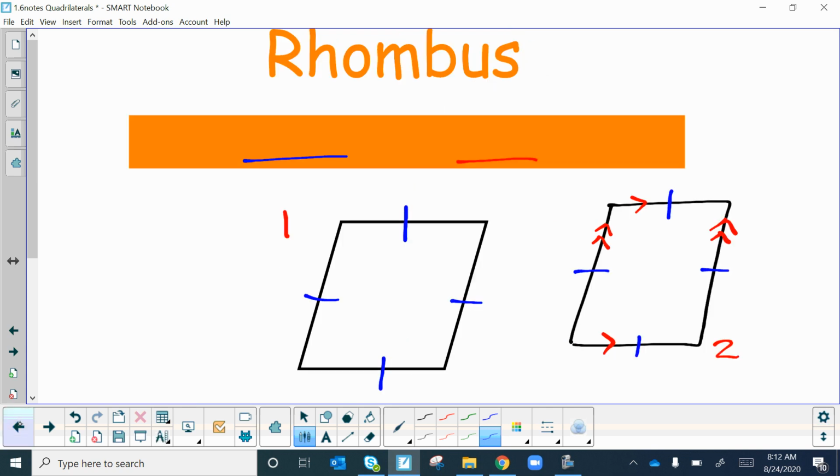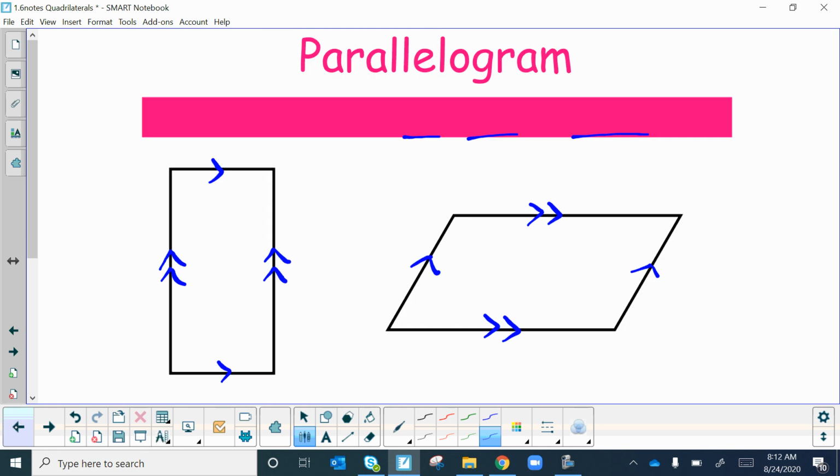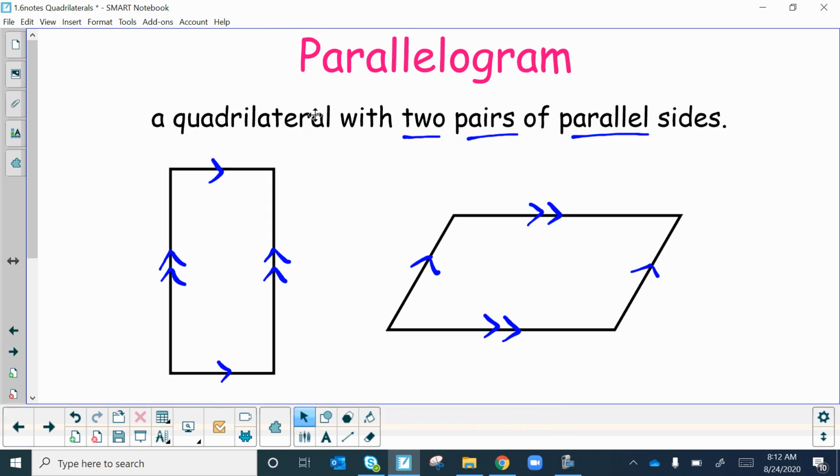Sorry, I forgot to mention that over here on the parallelogram. When you have opposite sides parallel, it forces the opposite sides to be congruent, just like the rectangle. So those end up being congruent if you have opposite sides parallel. Same thing with this one: that one is congruent to that one. So you just need one or the other markings.